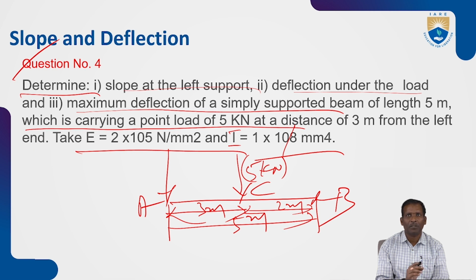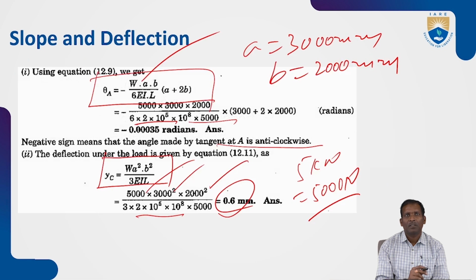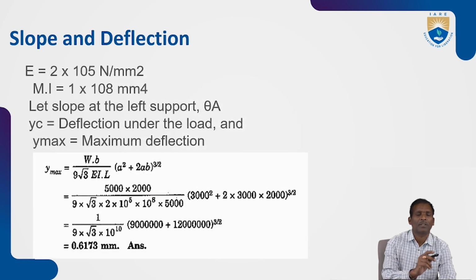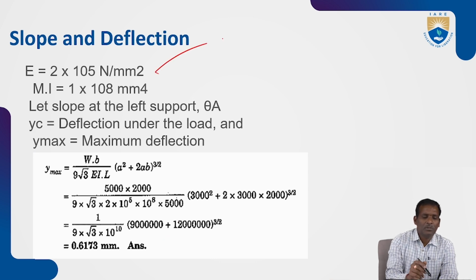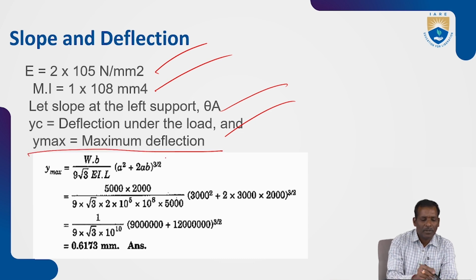Now the maximum deflection of a simply supported beam. At the C point we already calculated. But what is the maximum deflection? The E value you know, and I also, and the slope at support theta A and YC also calculated. Now the maximum deflection. What is the maximum deflection formula?